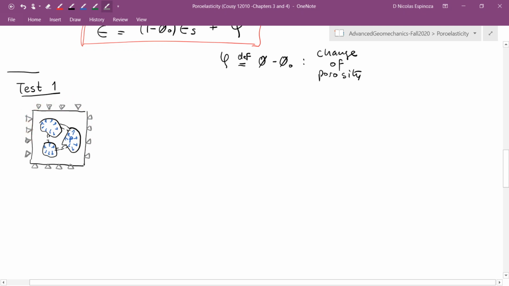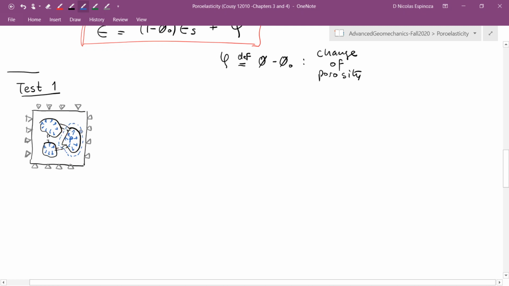This is going to be done through these displacement boundary conditions. If the solid cannot expand and I pressurize it inside, what I'm going to have is an increase in porosity, right?